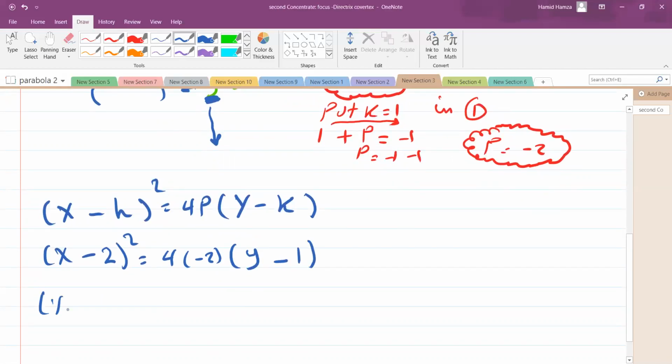Simplify: (x minus 2) squared equals negative 8 times (y minus 1). This is the equation of the parabola.